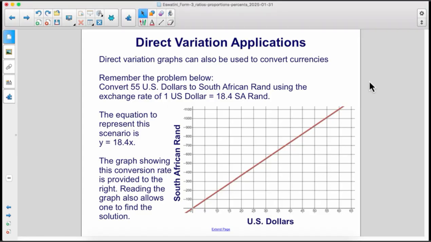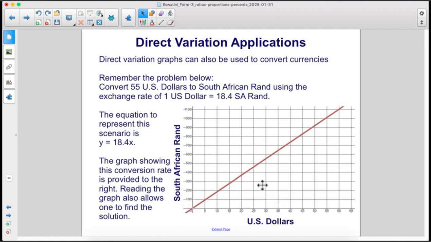Direct variation graphs can also be used to convert currencies. Remember the problem below. Convert 55 US dollars to South African Rand using the exchange rate of 1 US dollar equals 18.4 South African Rand. The equation to represent this scenario is y equals 18.4x.